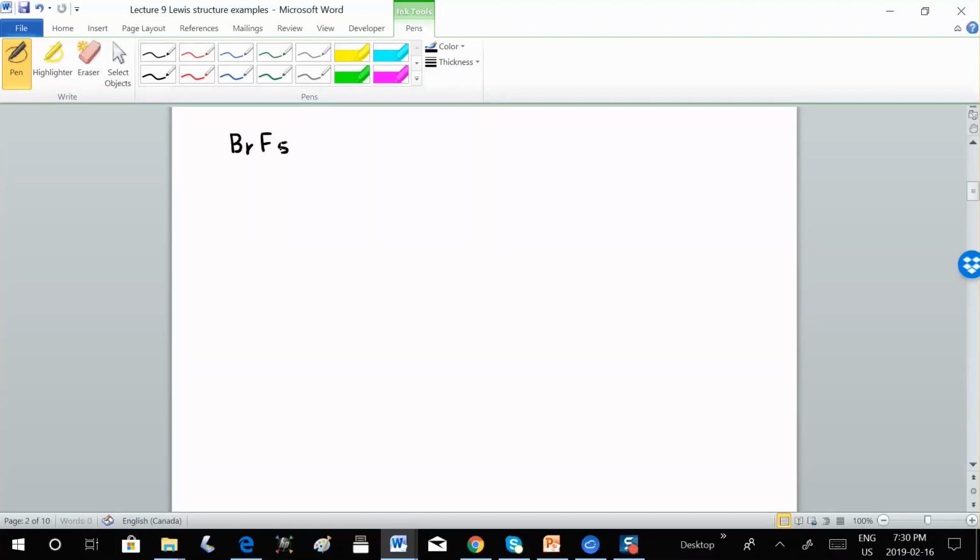You can use the periodic table to help you figure out the number of valence electrons. Bromine is 7, and we have 5 fluorine. Each one contributes 7 electrons for a total of 35. There's no charge on BrF5, so 7 plus 35 will give 42 electrons. Okay, so let's draw the skeletal structure of bromine. 1, 2, 3, 4, 5.